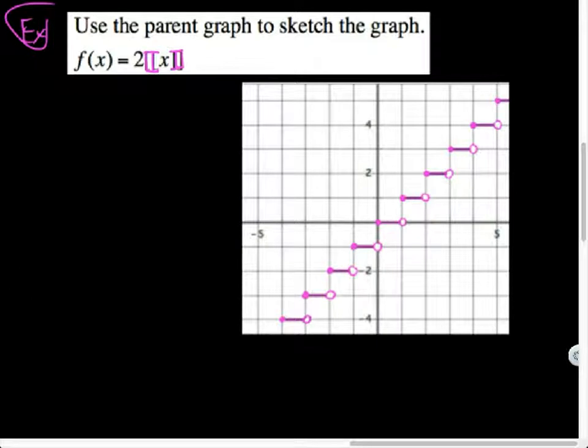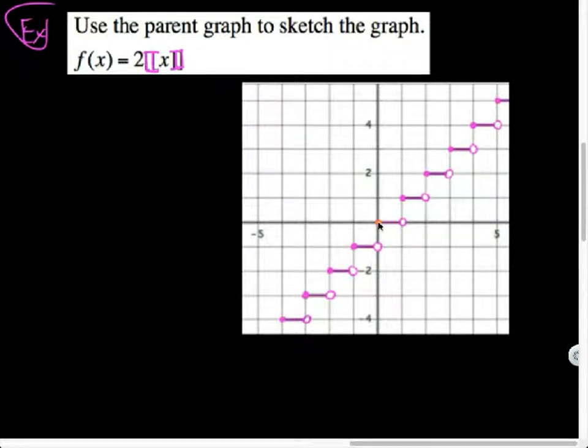What do you think this 2 is going to do? Is this doubling the x value or the y value? The y value. I know that's kind of weird to think about, but it's doubling the y value because it's happening after the function has already occurred to x. If the 2 is on the inside, that would actually have been a horizontal stretch. But since this is a 2 on the outside, it's going to be a vertical stretch.